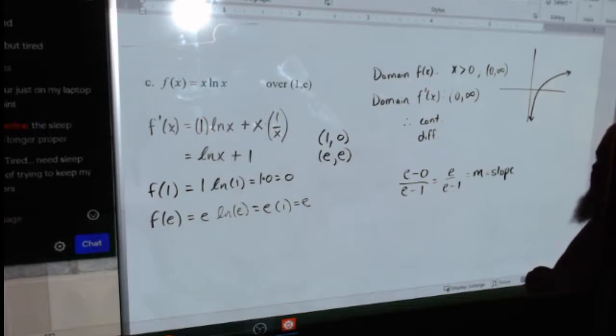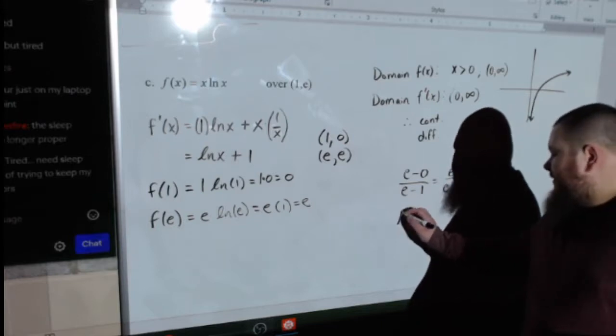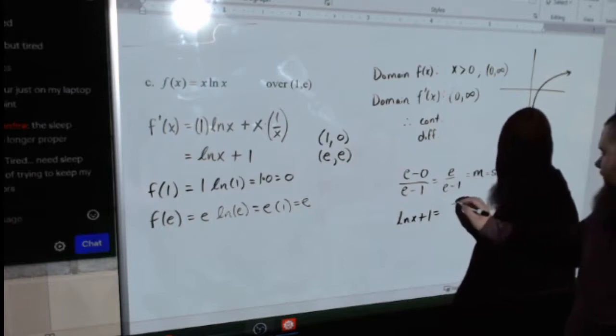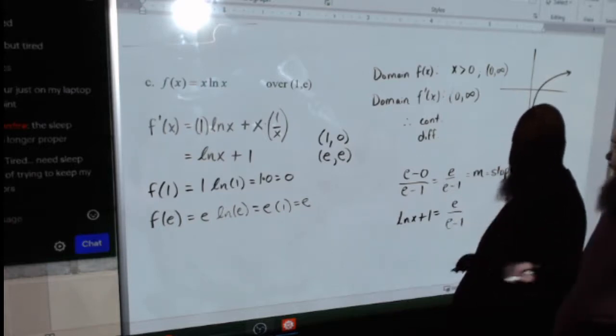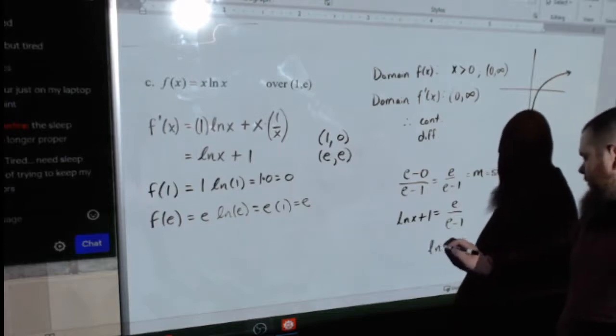All right, so then I need to take my derivative, which is natural log of x plus 1, and set it equal to this. I would subtract 1 over here.